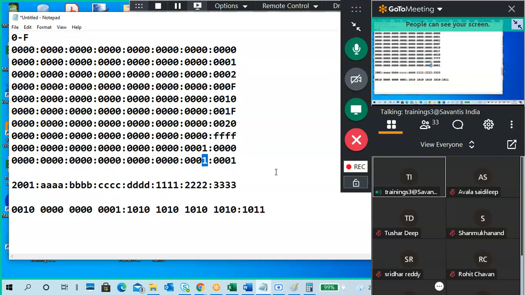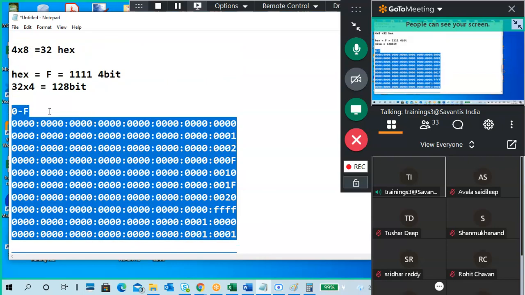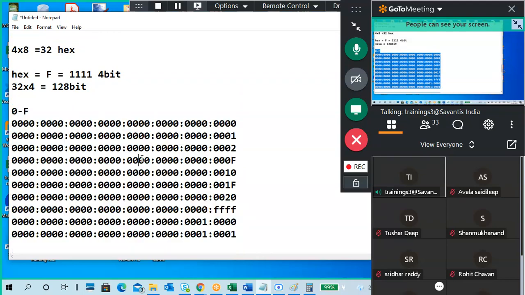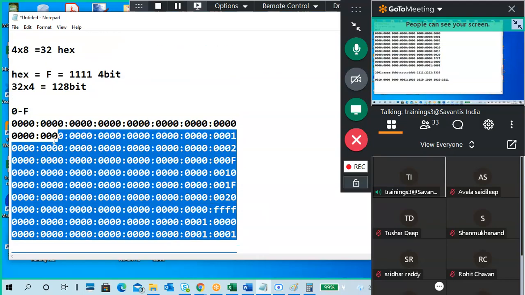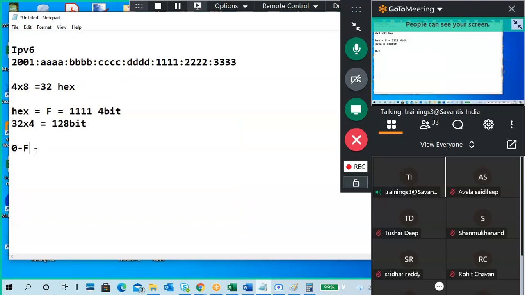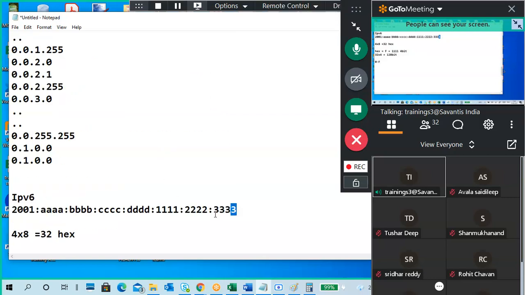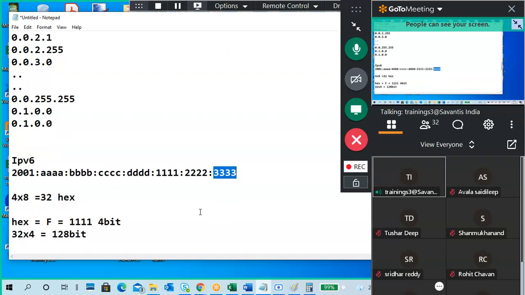But in general, for IPv6 explanation, it is better not to go through this kind of sequence. Understand the important part of IPv6: each one is a hexa number. This entire block represents nothing. Each one is a hexa number, not a final number.